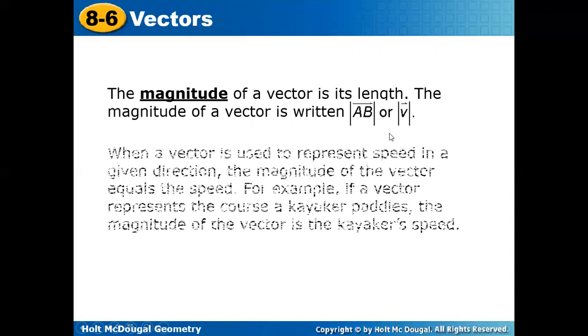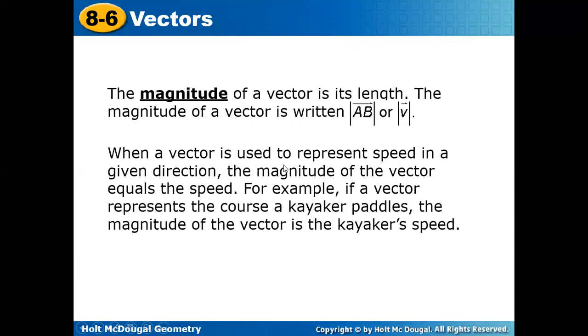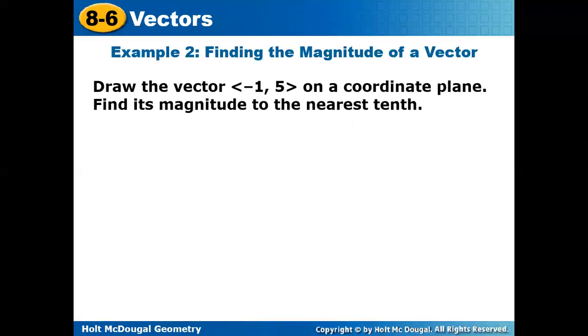When a vector is used to represent speed in a given direction, the magnitude of the vector equals the speed itself. For example, if a vector represents the course of a kayaker paddling, the magnitude of the vector is the kayaker's speed, okay?